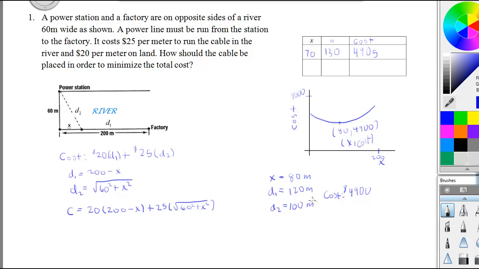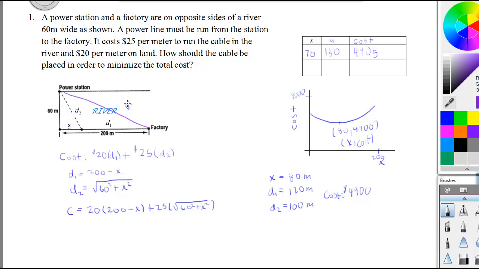Now, I think it would also be interesting to think about what's really going on in the problem and what it would be like if you actually ran this all the way here, such that basically x is 200, or this whole length is under the river.